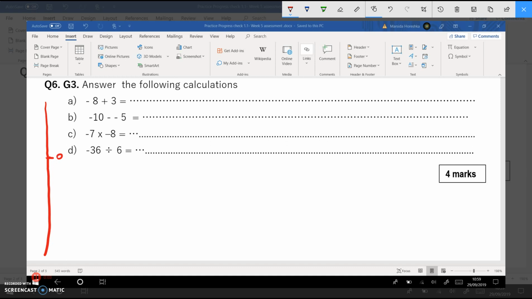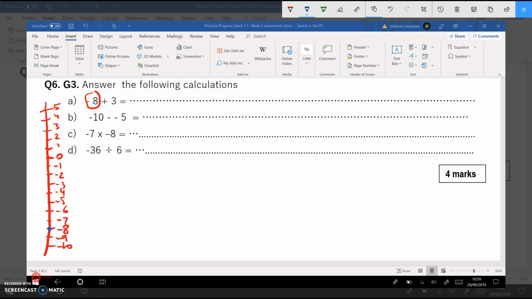So we've got 0, -1, -2, -3, -4, -5, -6, -7, -8, -9, -10, and so on. And above 0 we go 1, 2, 3, 4, 5, and so on. So what's the initial temperature if we consider this number line to be a thermometer? So that would be -8.